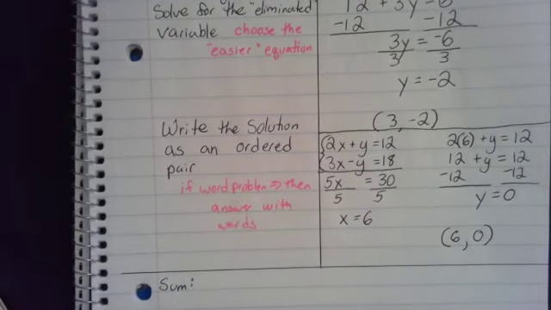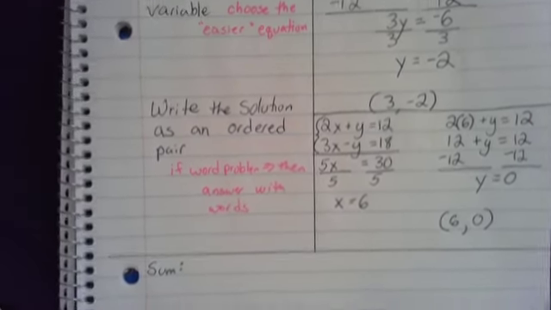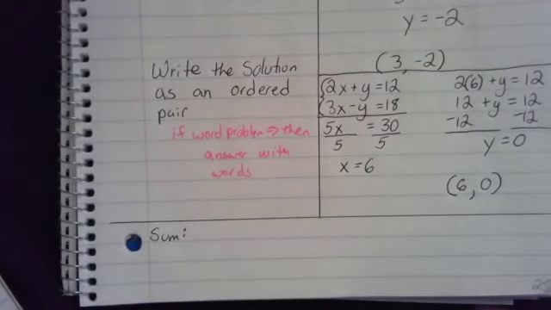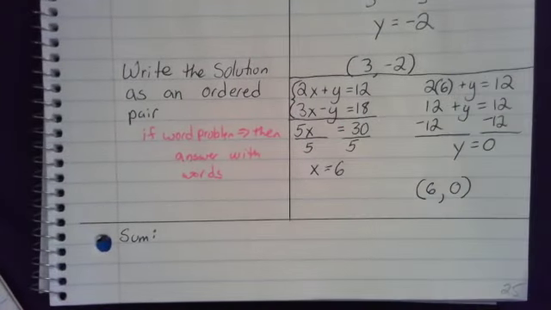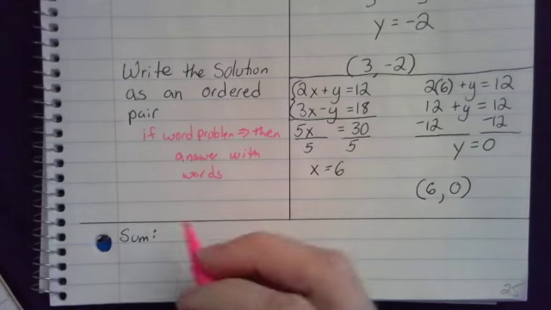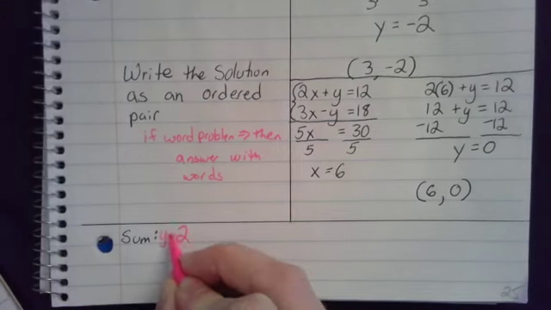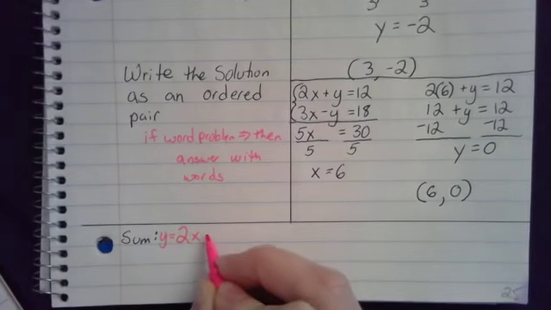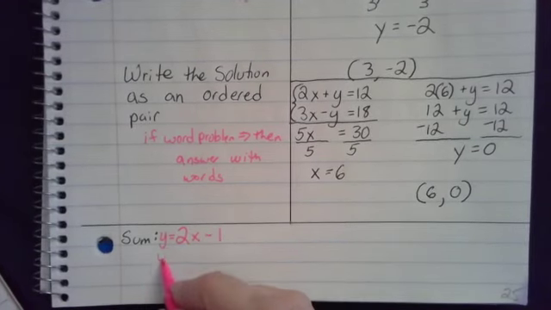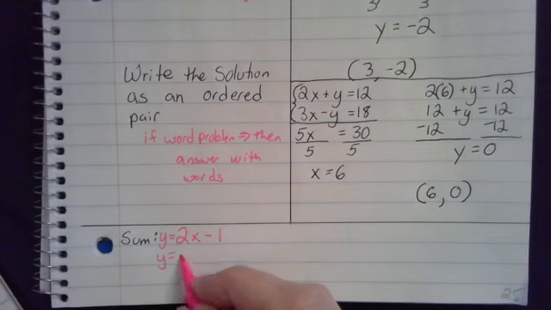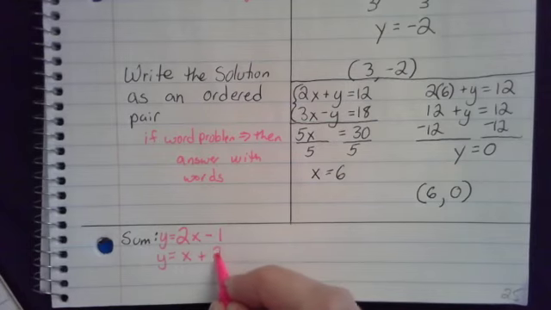Something else fun about elimination is you can make almost any equation an elimination equation by using multiplication. So let's take the equation y equals 2x minus 1 and y equals x plus 2.